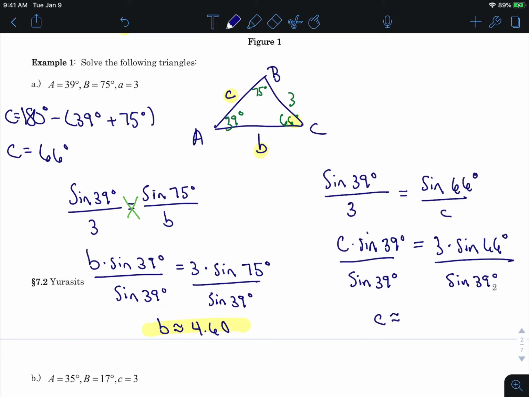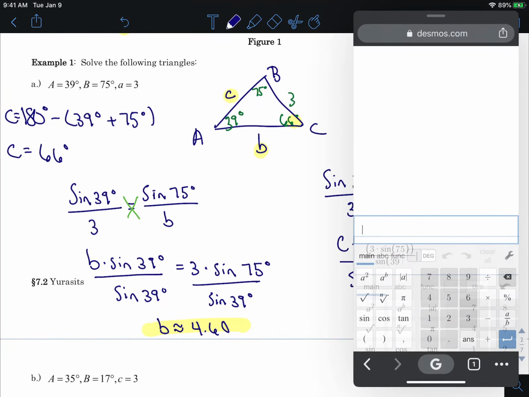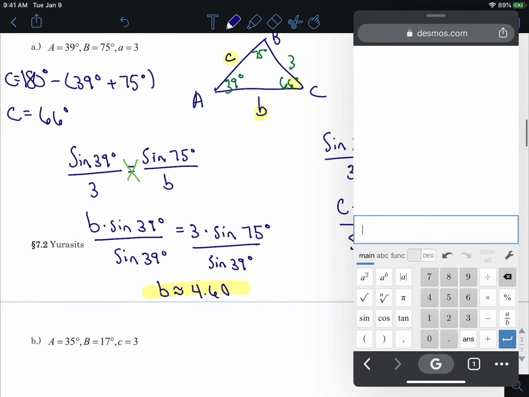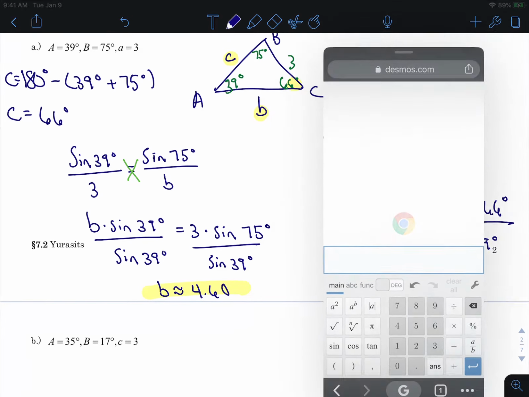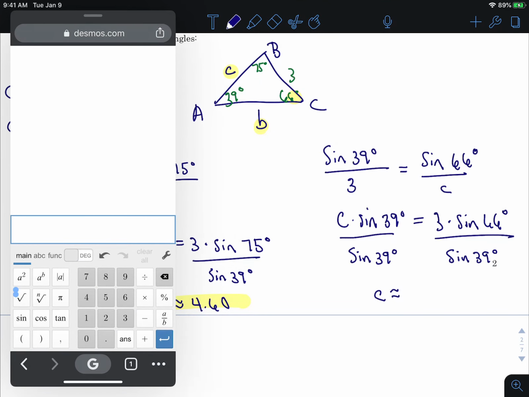So going back to my good old Desmos, I'm going to go ahead and get rid of this since we already figured that out. All right, so now I'm going to do 3, oops, let me follow my rules and put it all in the numerator. 3 times sine of 66, close, divided by sine of 39.